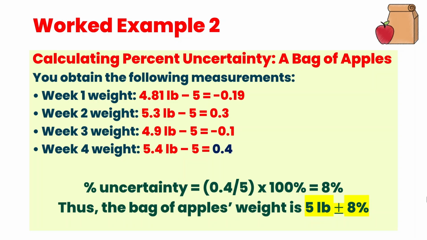It can go above 5 pounds and the maximum allowed measurement is 8% of 5, and we can go below 5 pounds and the minimum value is 8% of 5 below. So that is the meaning of plus and minus.